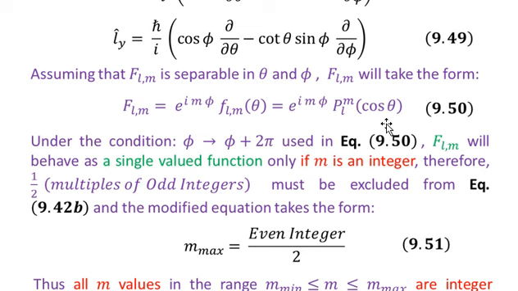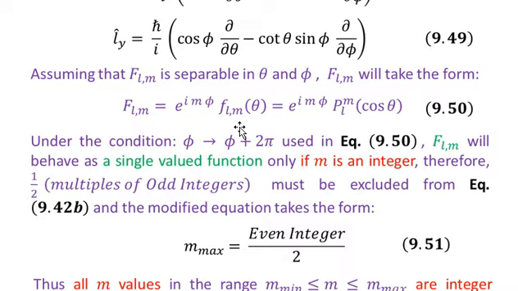So now in equation number 50, I am writing the wave function FLM as e to the power i m phi times fLM of theta. Here I am introducing small f as the theta dependent part of the wave function.